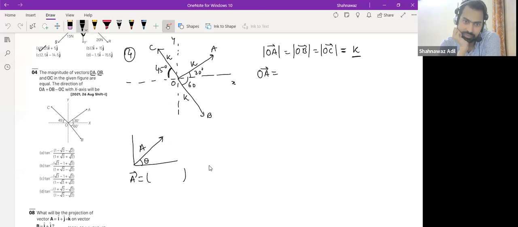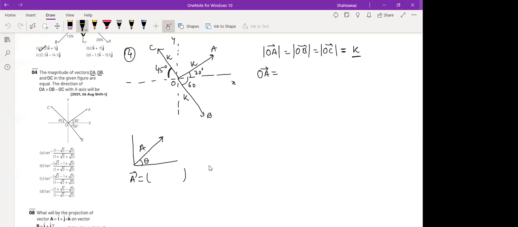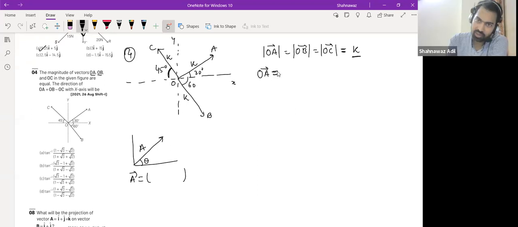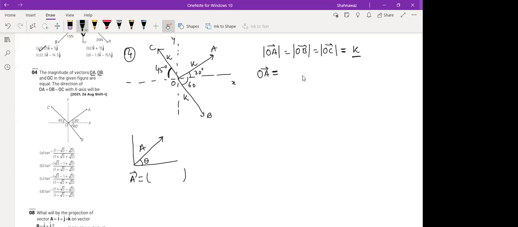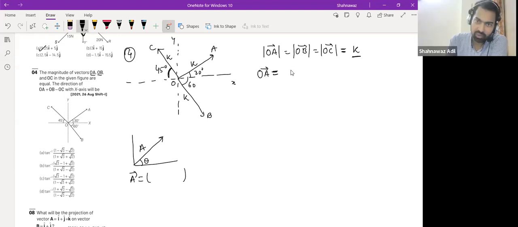Cos theta is correct, but we have the magnitude. Cos 30 i cap plus sin 30 j cap. But what about the magnitude? K is the magnitude. You are absolutely correct, but just one missing part.